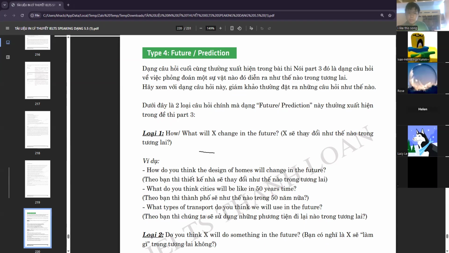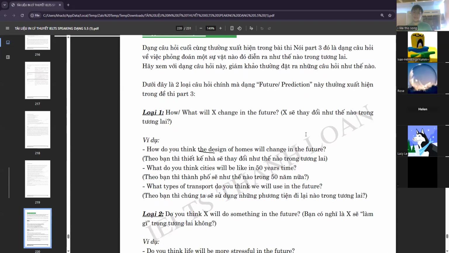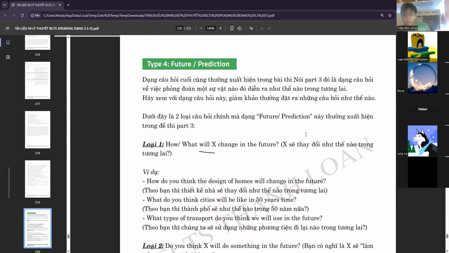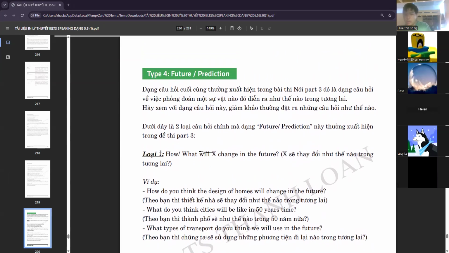So, we will have two main ways that they would ask for future slash prediction. First of all is how or what will something change in the future? So what ways will it change, right? Usually it would be a pretty huge general thing.